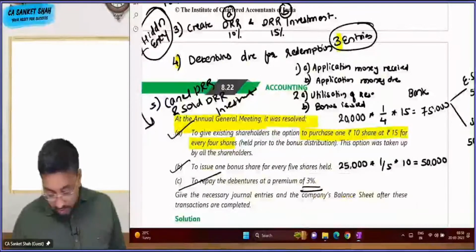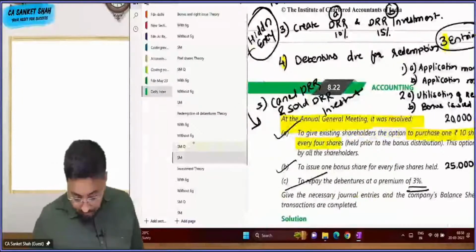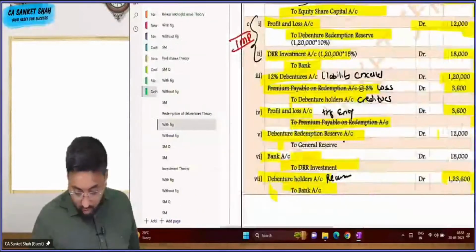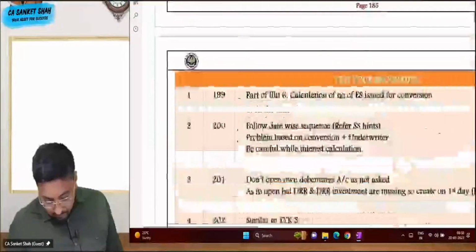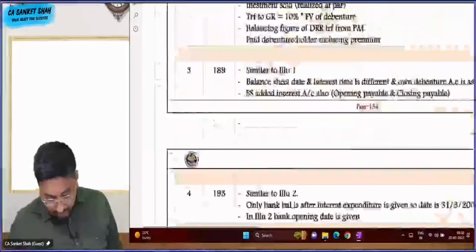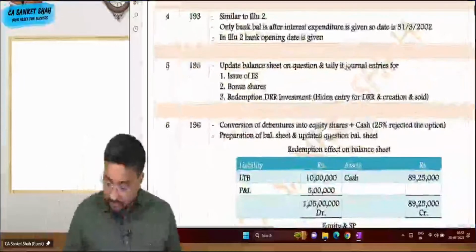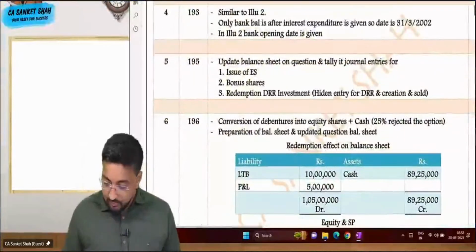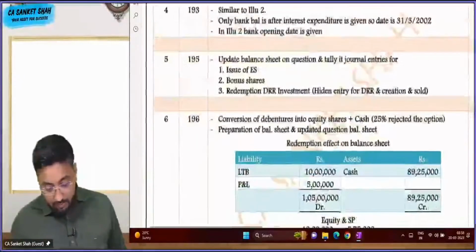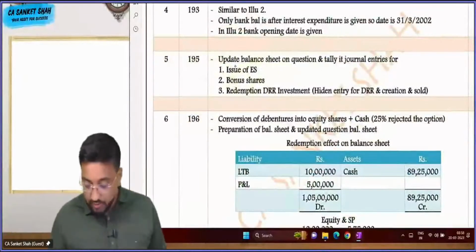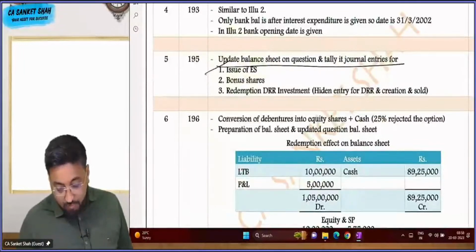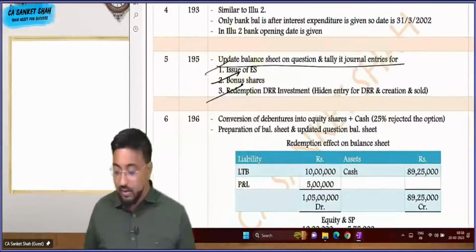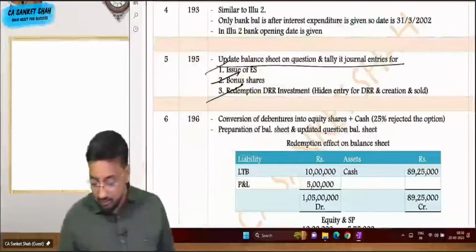So you can check in my index also. बेटा, इंडेक्स में आप लोग चेक कर सकते हो इसको. See the index. Update the balance sheet on question, tallied journal entries. Entries are divided: issue of equity shares, bonus shares, and redemption of DRR.